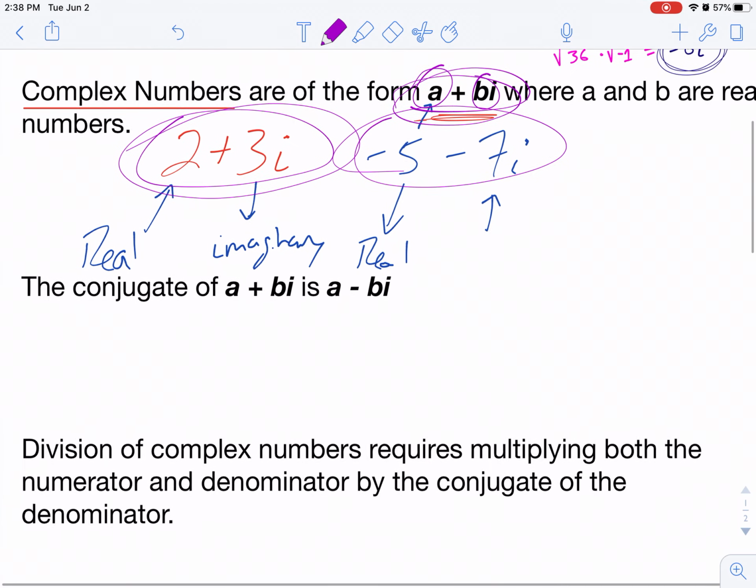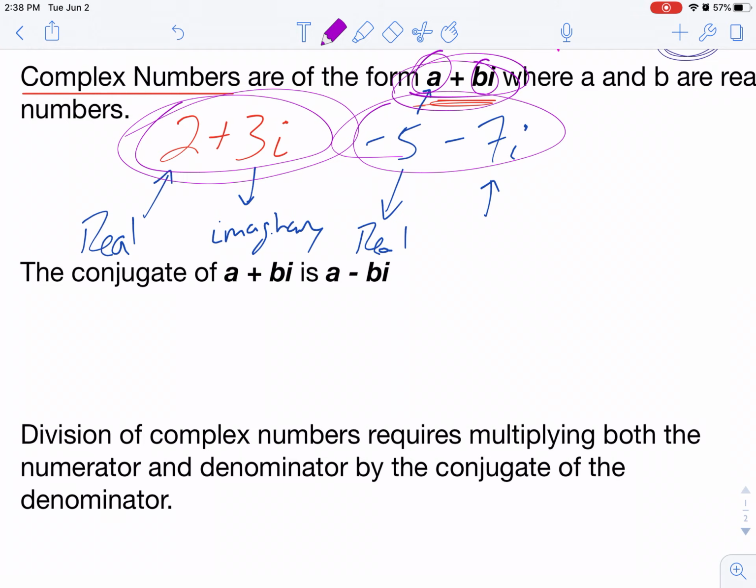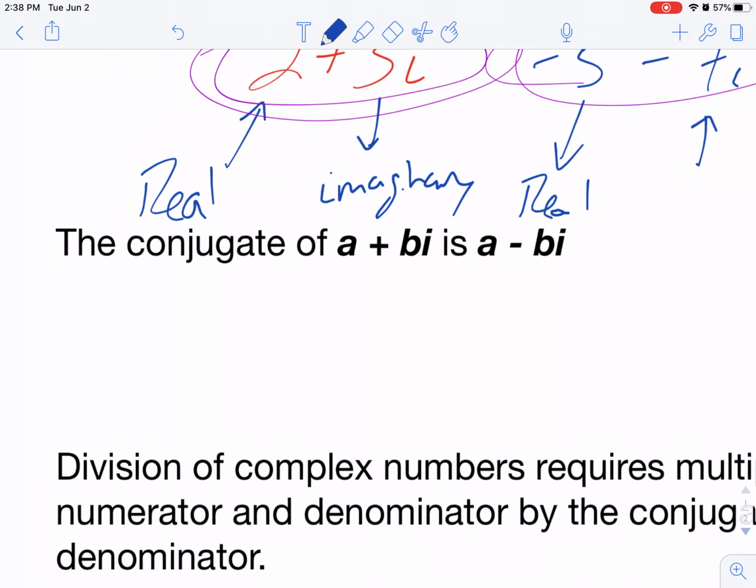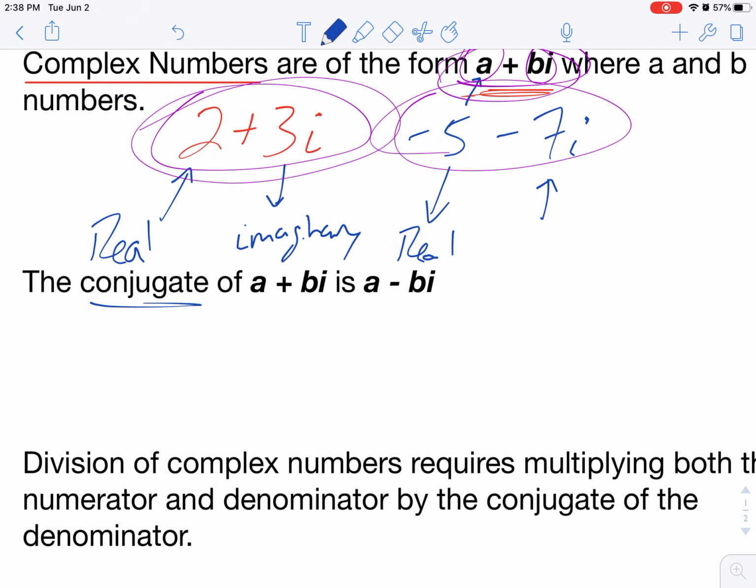Okay, I've got a couple more rules here, and then I'll get to the examples. One of the definitions you're going to need to know is the conjugate. The conjugate of a plus bi is a minus bi. Really, it is that simple. So if I give you this complex number, let's say -3 plus 6i, the conjugate of that would be -3 minus 6i.